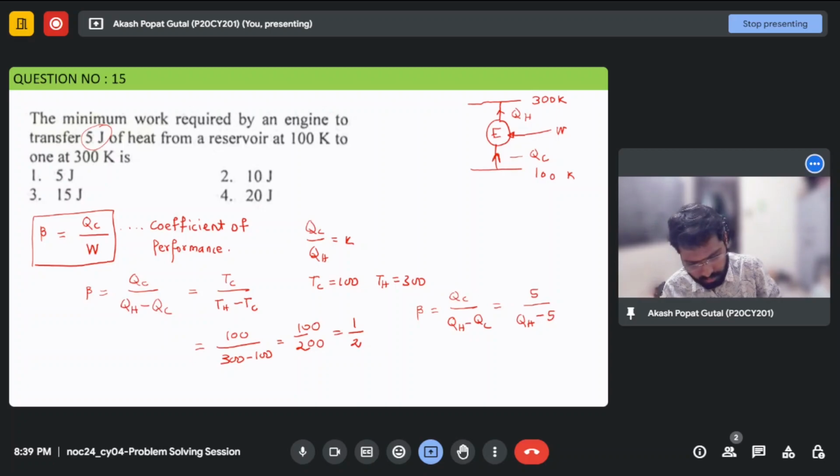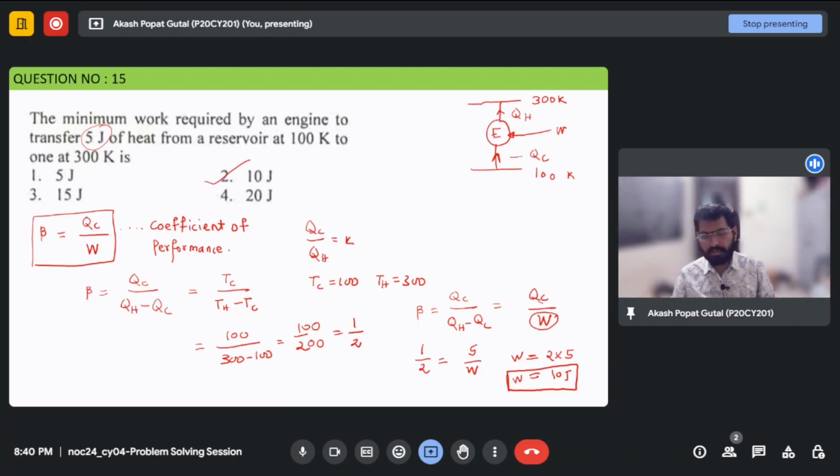QC by QH minus QC is W, and we need to calculate the minimum work required. So QC by W is beta, and beta is 1 by 2. QC is 5, and we need to calculate W. W is 5 into 2, that's nothing but 10 joule. So the answer is the second, 10 joule.